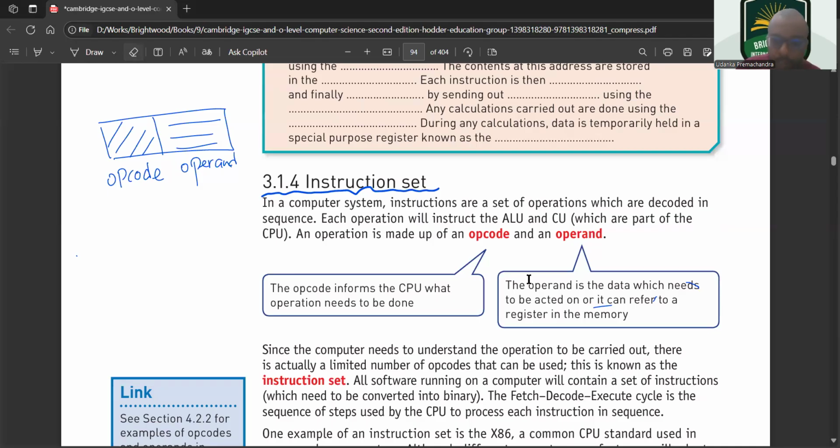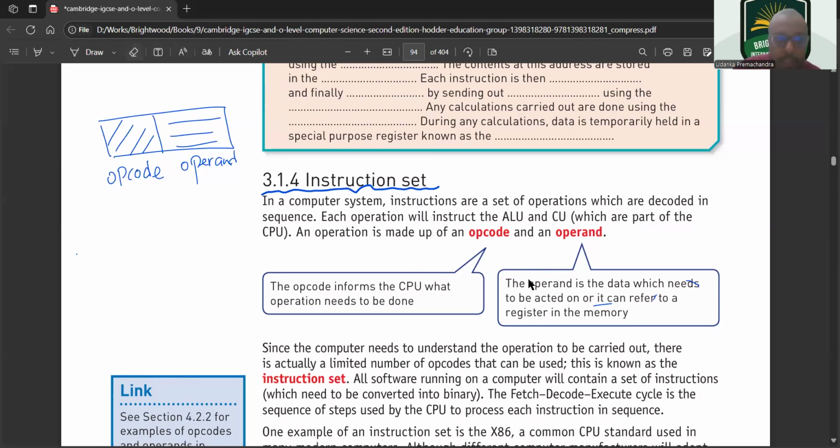That's very important. Again, I will tell. There are two parts in the computer system. Instructions are a set of operations which are decoded in sequence. Each operation will instruct the ALU and CU, which are parts of the CPU.